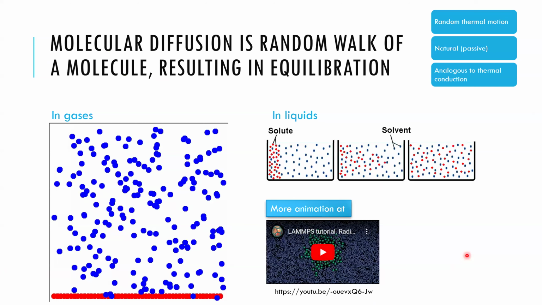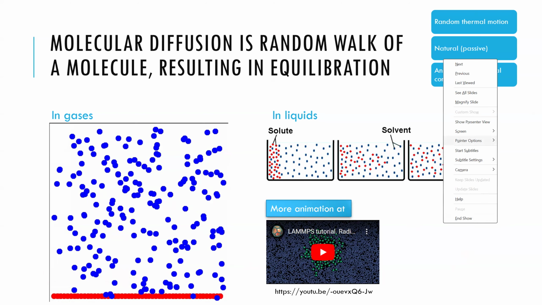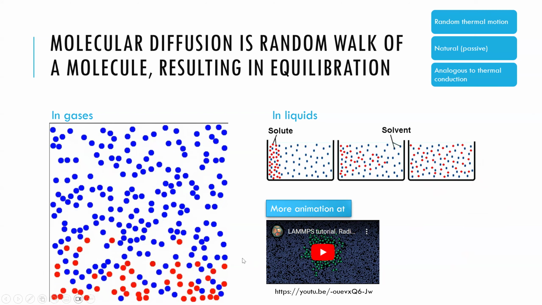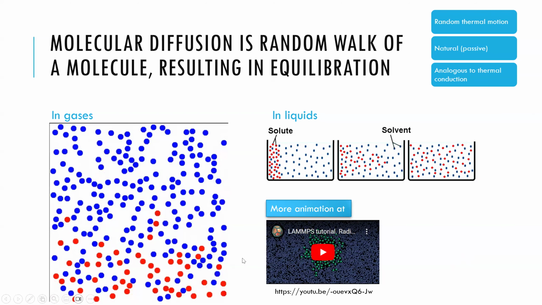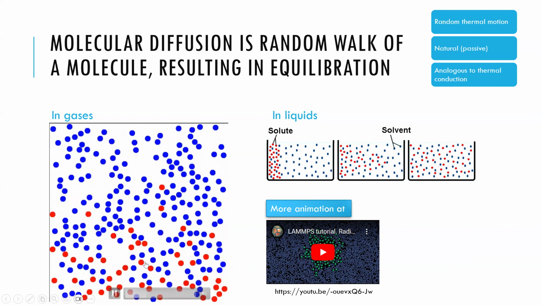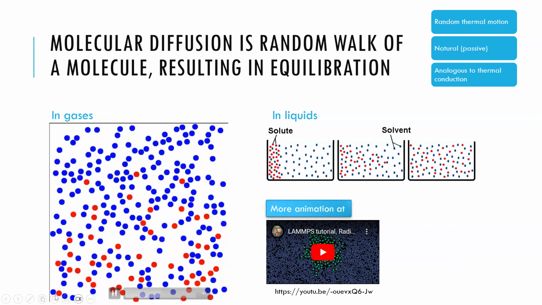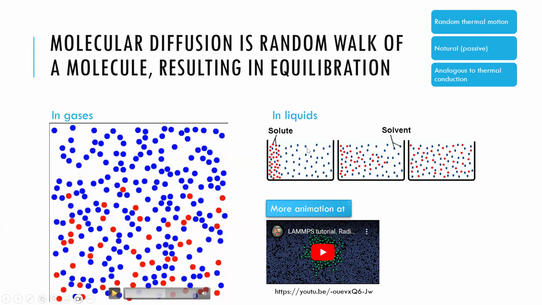So molecular diffusion, as you can see, this is my animation of molecular diffusion where the reds are diffusing into blue.